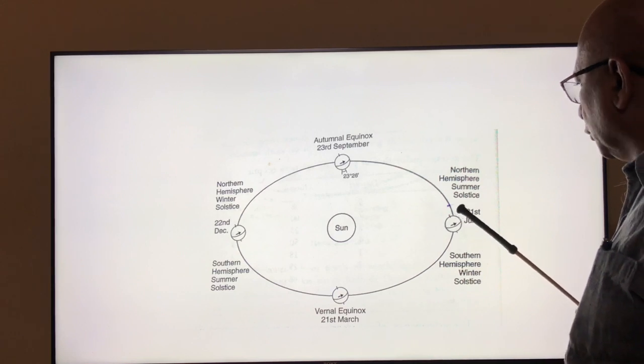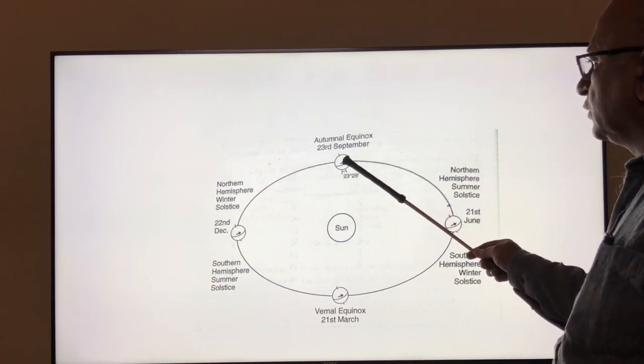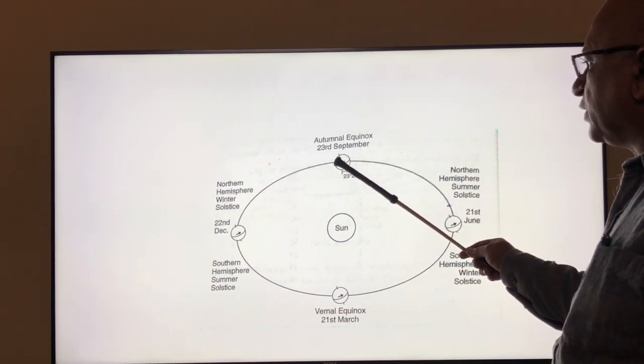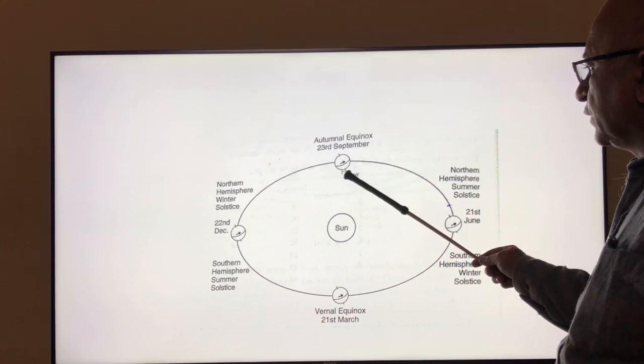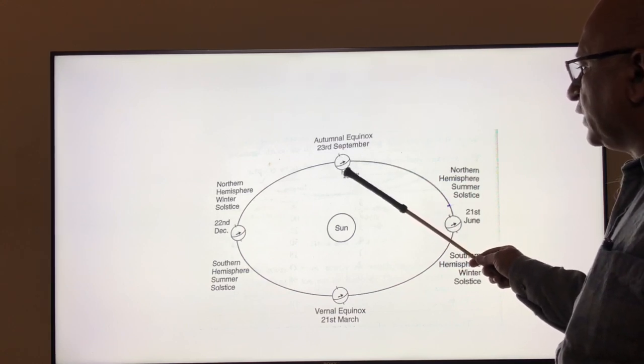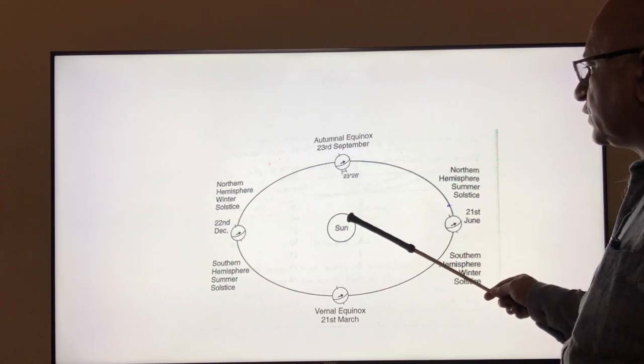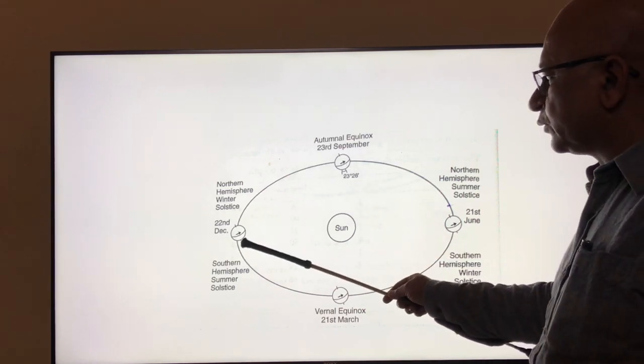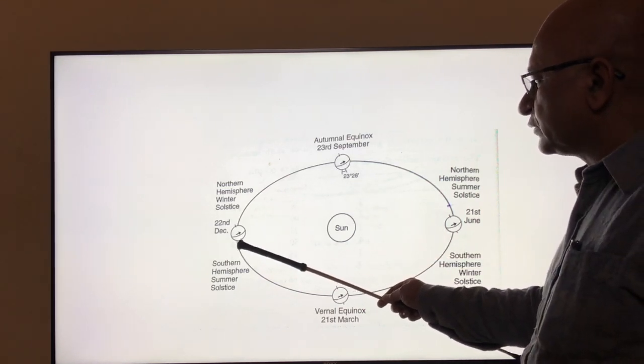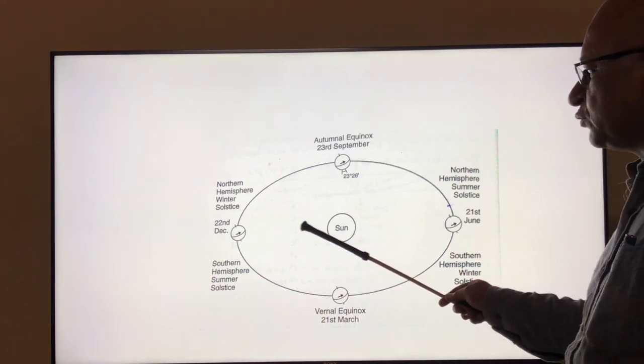And when the earth moves towards the September season, the southern hemisphere moves towards the sun, and on the 22nd December, the southern hemisphere gets the maximum sunlight.